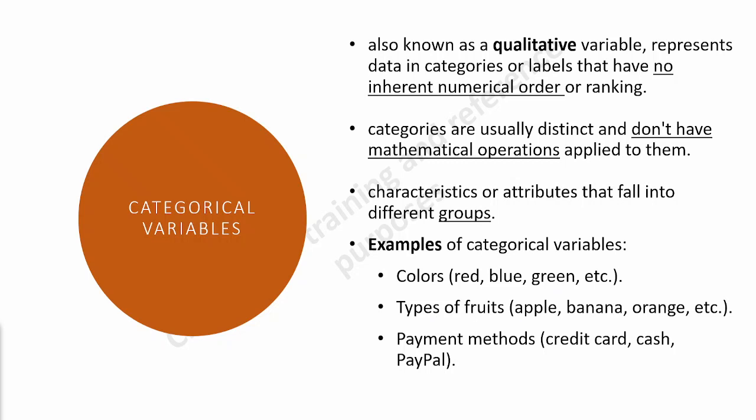These are examples of categorical variables. It's very important again to understand categorical variables. It's not easy to deal with categorical variables when it comes to machine learning or neural nets. Another example would be payment method: credit card, cash, and PayPal. So that defines your categorical variable.